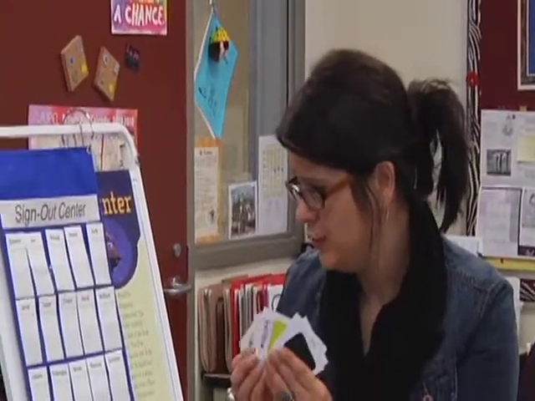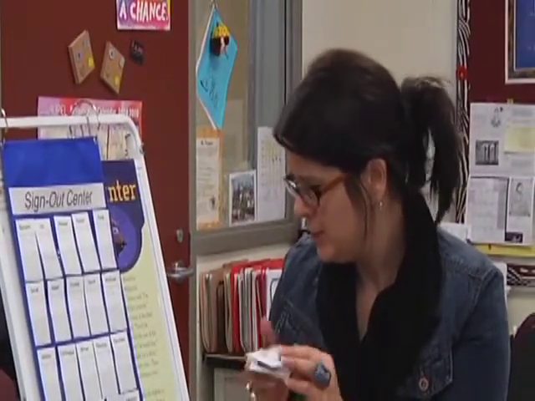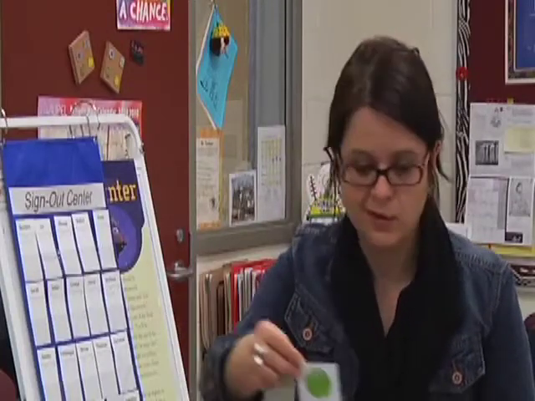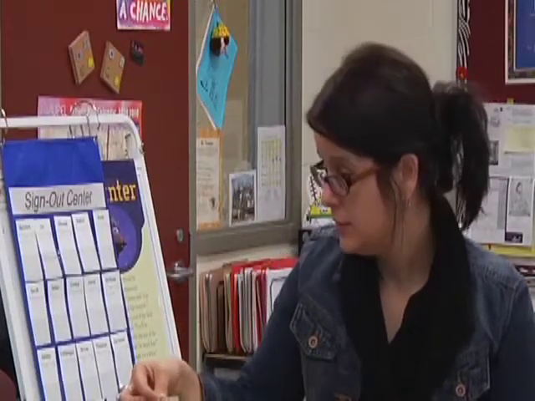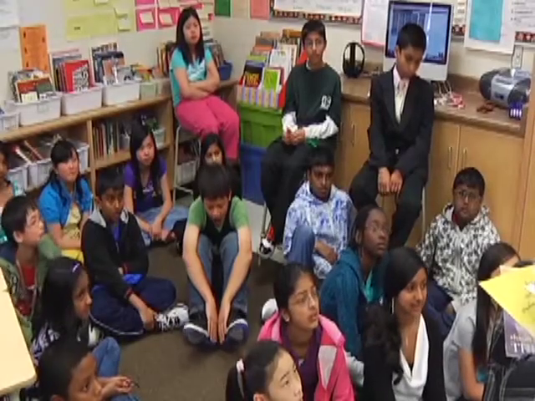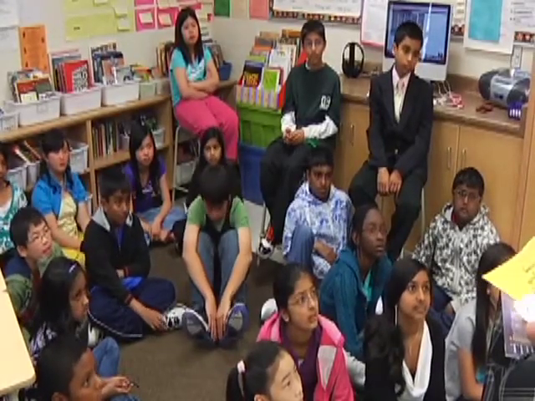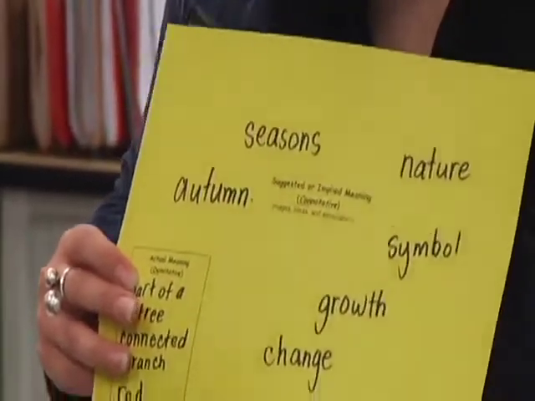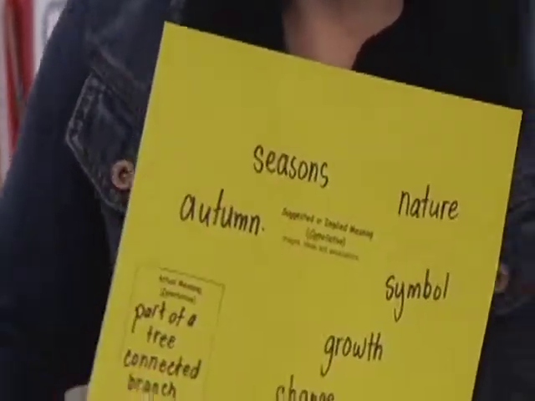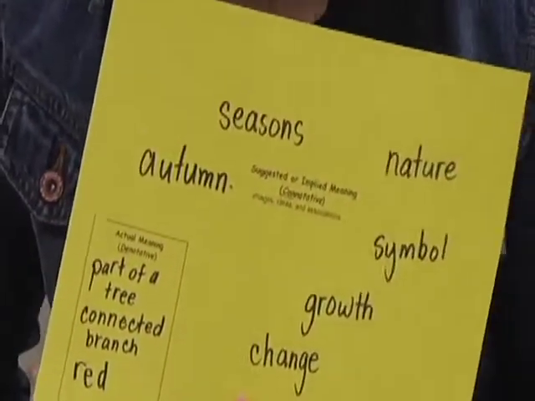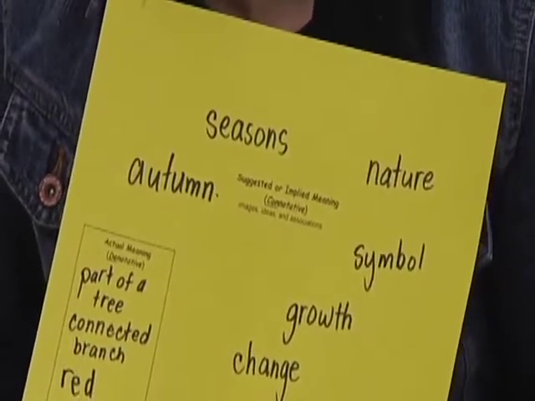You get to choose which one you want. Maybe we'll just do it randomly. And you'll have a picture that you're going to start with a word on it. So, for instance, green. And you are going to write down the denotative meaning of that word. And then all of the things that you associate with the color green. Anything that it makes you think of. All right?